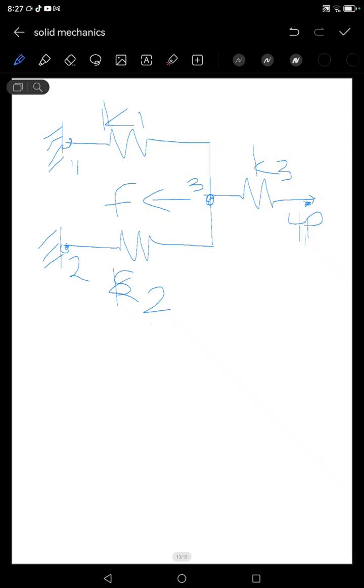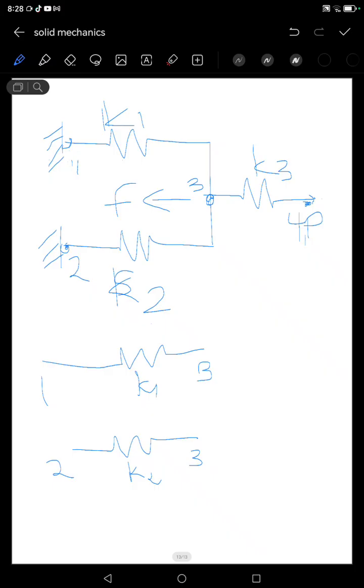So what we're going to do, we're still going to split it. Remember, this node 3 is in between K2, K1 and K3. So K1 is going to go from 1 to 3, K2 is going to go from 2 to 3, and K3 is going to go from 2 to 4. Okay, so when we split it, it's going to be like this. K1 is 1 to 3, and K2 is 2 to 3.